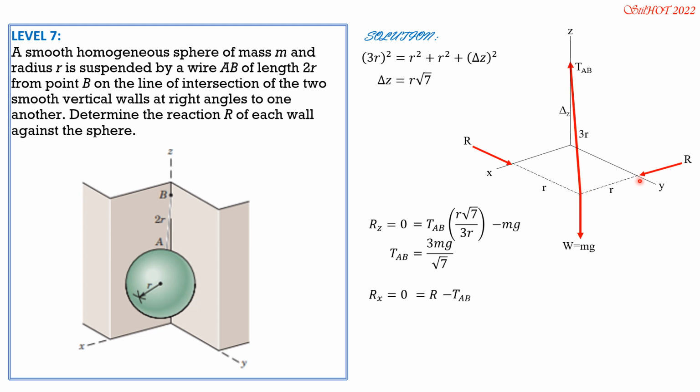So minus TAB times R over distance 3R. So 0 equals R minus tension AB, 3mg over square root of 7, times 1/3 after we cancel R. So we cancel 3. R therefore is mg over square root of 7. So that's the reaction to each of this wall here.